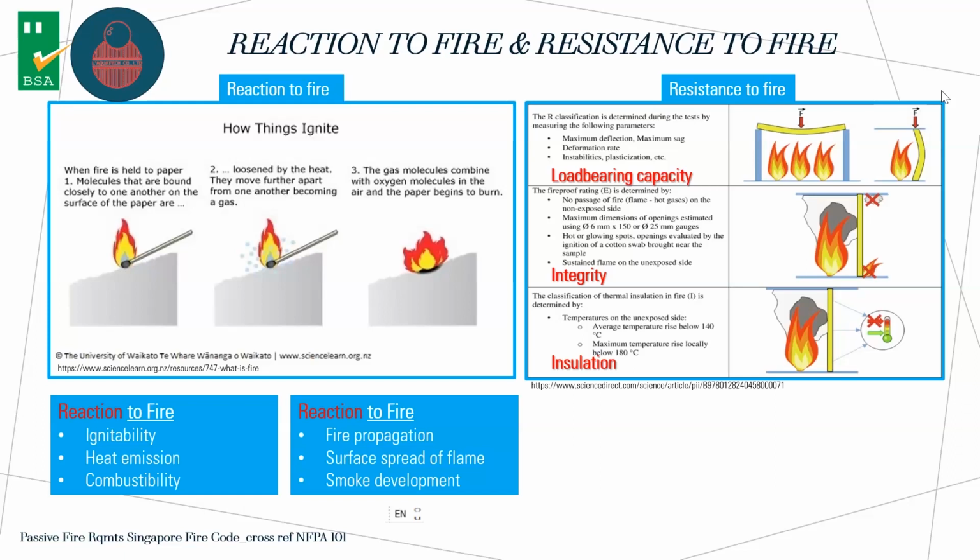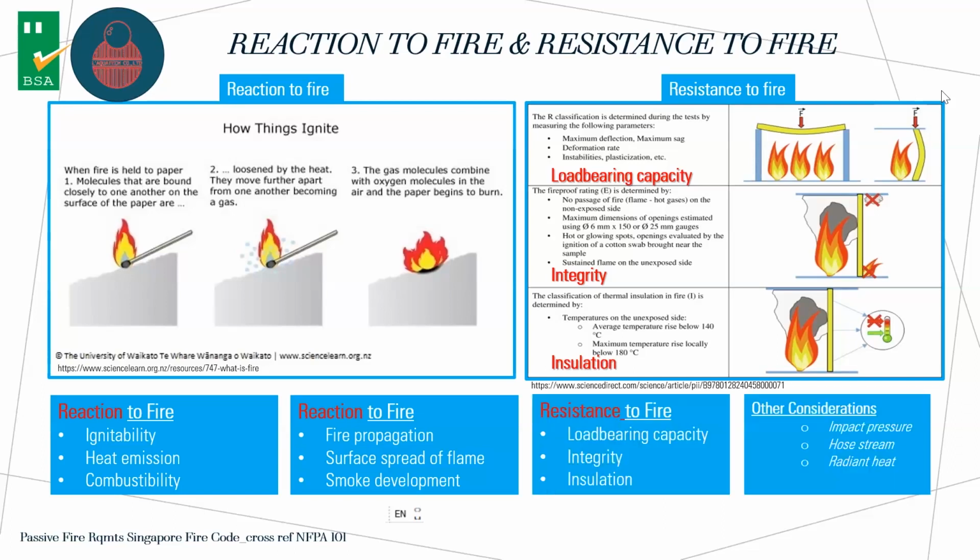So these are the three criteria to measure resistance to fire. Just to recall: load-bearing capacity, integrity, and insulation. There are other aspects about resistance to fire that are good to know, like impact resistance, hose stream, and radiant heat. Okay, so remember these two words, reaction to fire and resistance to fire.